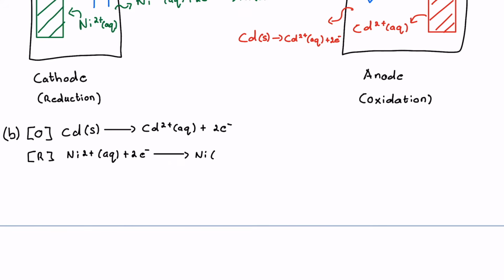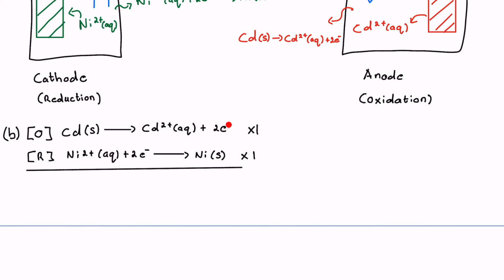forming nickel solid, right? Of course, the oxidation reaction occurs at the anode. The cathode is the reduction reaction. And if we sum those together, we only need one of each of these. So the factor that they need to be multiplied by is 1 in each case, because they already have 2 electrons.